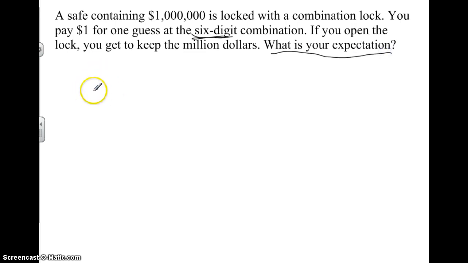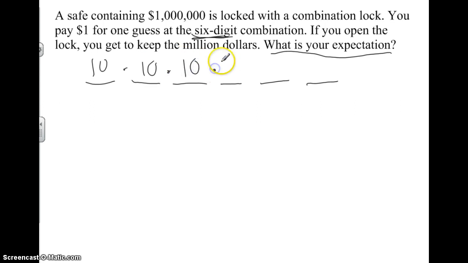To find the probability of getting that 6-digit lock correct, we're going to use the slot method. It's 6 digits, and 0 through 9 are the digits. So we have 10, because the combination could be all 3s, for instance. There's 10 options for each slot, which is 10 to the 6th.